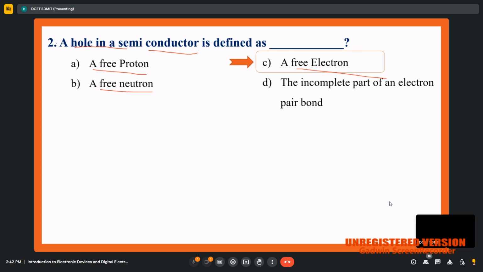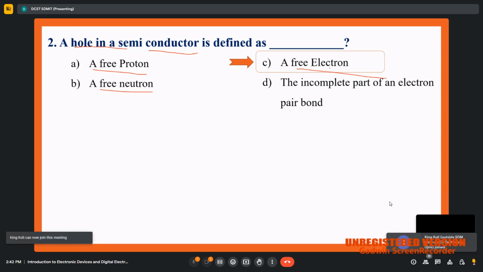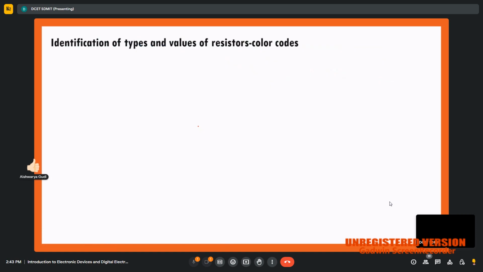So that scenario we call a hole in a semiconductor is defined as a free electron. This is a concept related with the semiconductor, conductor and insulator.